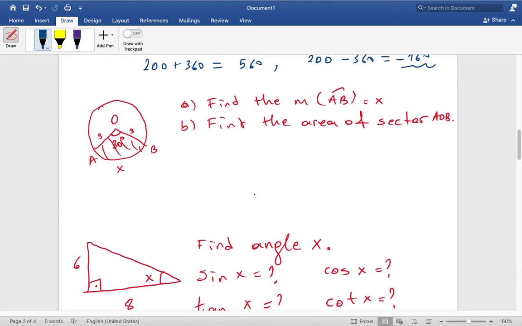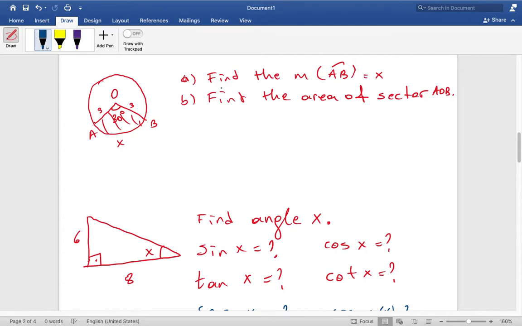Okay, the other question is, find the measure of arc length AB. So the rule is this: alpha over 360 times 2 pi r. When I look at the question, the central angle is 30, so it is 30 divided by 360 times 2 times pi times r, where r is given here as 3.